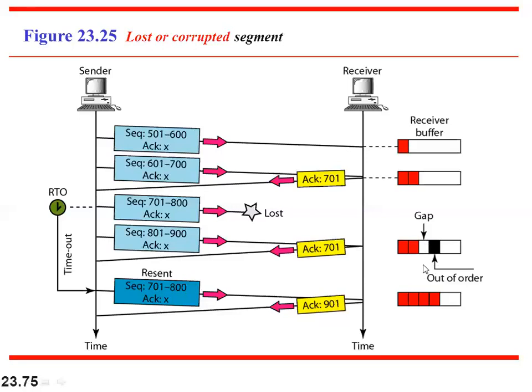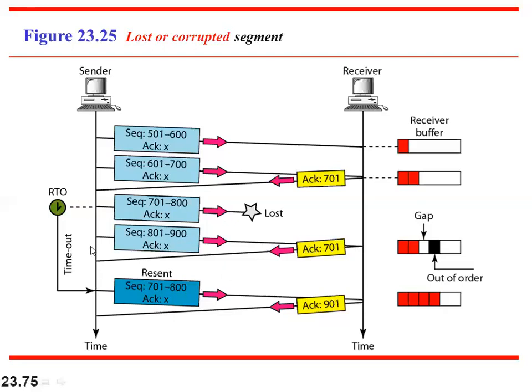Now the receiver, when it is sending the acknowledgement, it is expecting to receive byte number 701, which was lost in the network. Even though it received byte numbers 801 to 900 successfully, it is still expecting to receive 701 to 800. So it is again sending an acknowledgement with number 701.